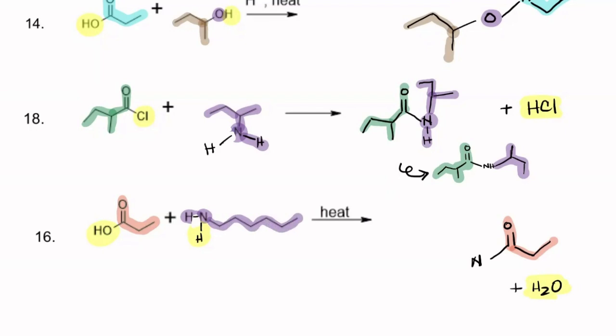So I have my nitrogen connected to a hydrogen, and then I have 1, 2, 3, 4, 5, 6 carbons.